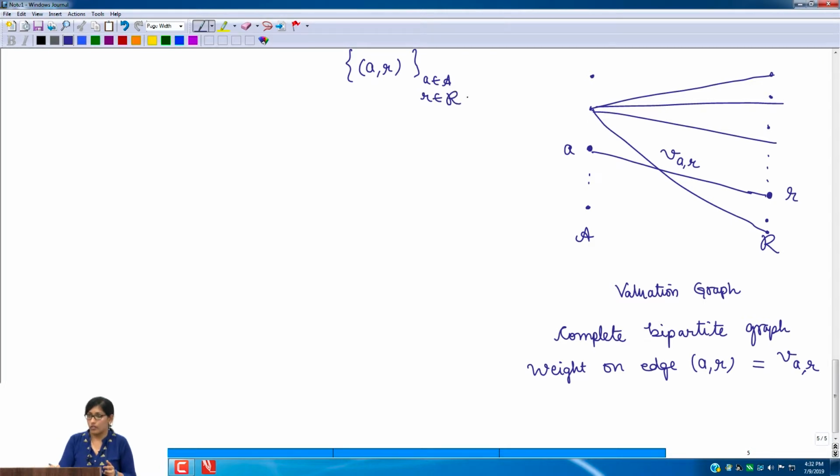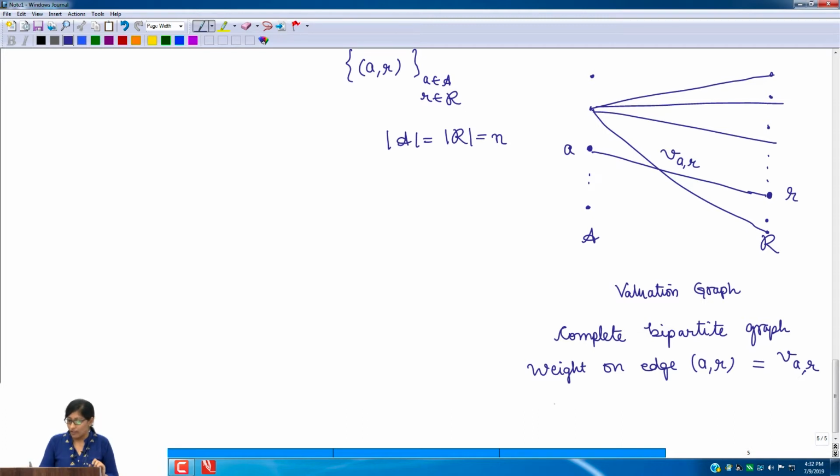Yeah. So can someone tell me how many edges do I have in this particular graph? N into R. No, n into n. I have exactly the same number of agents and the same number of rooms.